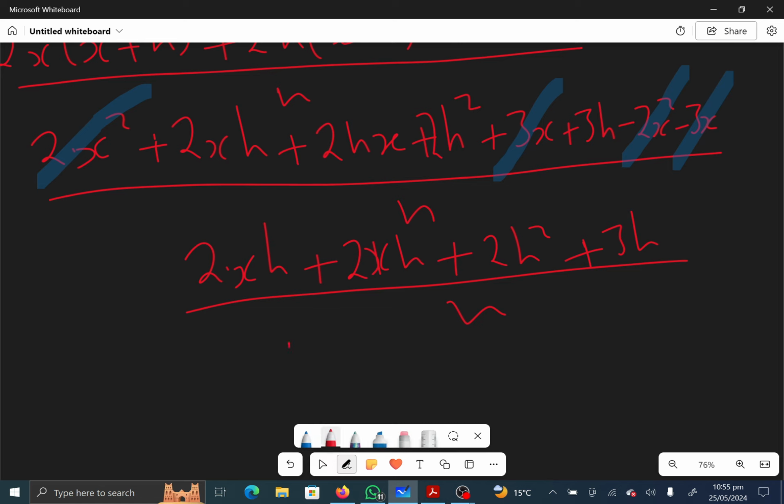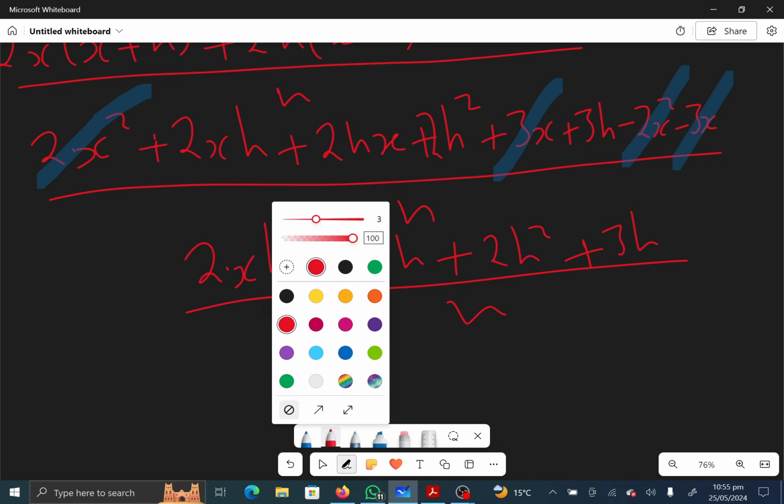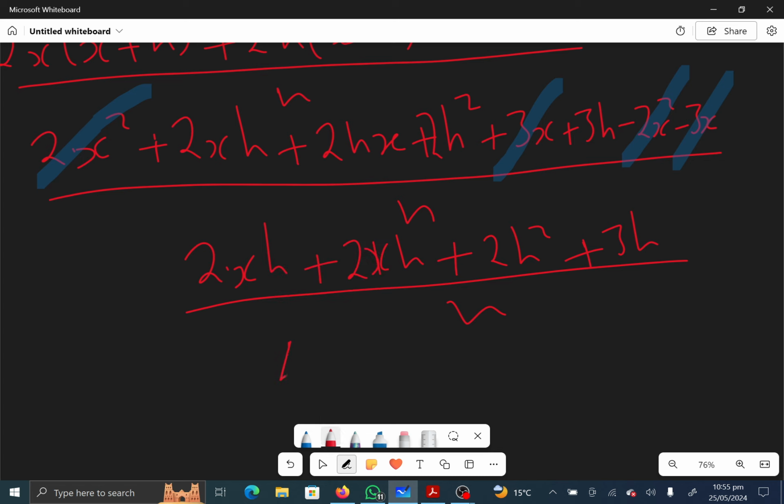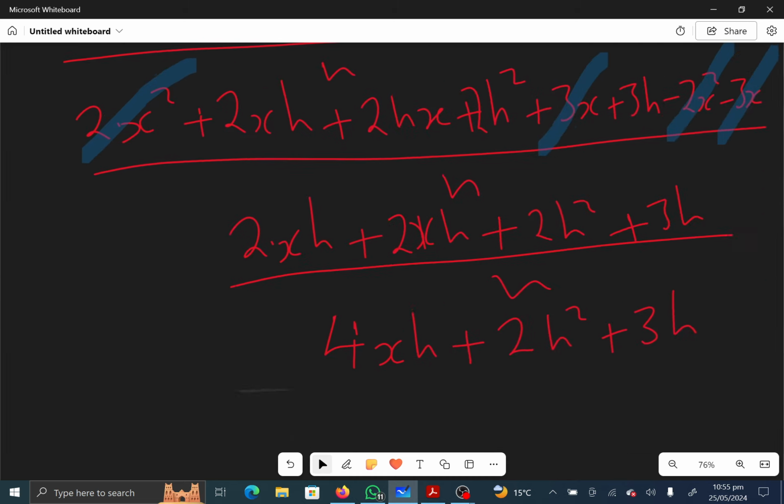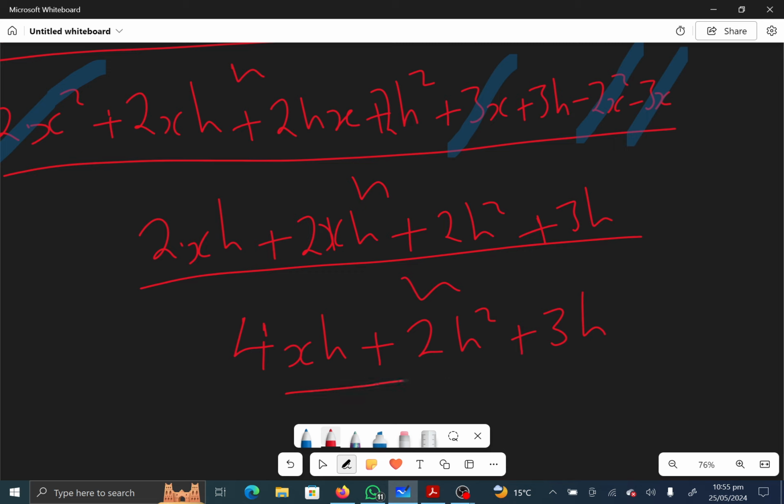So since we have the like terms here, we can say 2xh plus 2xh, that will give us a 4. So this will become 4xh plus 2h squared plus 3h over h.